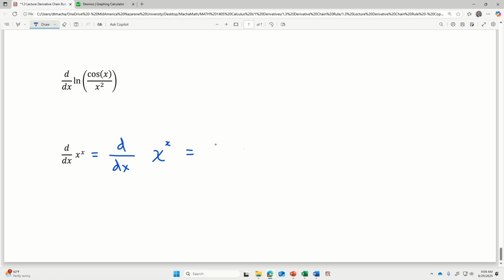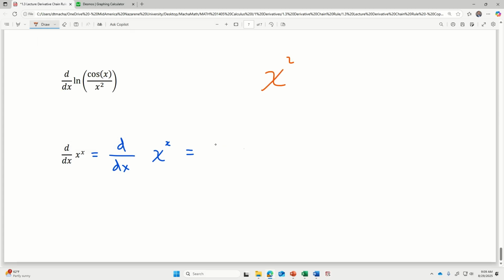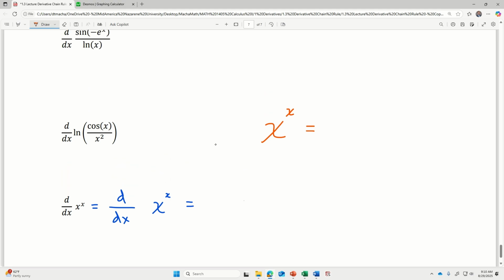I know I'm short on time, so I'm just going to walk you through this. If I have x raised to the x power, there's a certain property of exponents. And that property is this: e raised to the power natural log of x is the same thing as x.